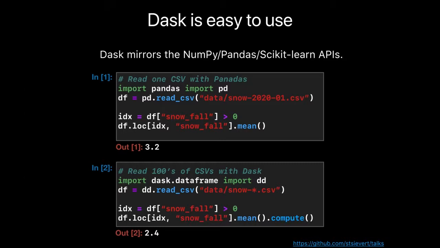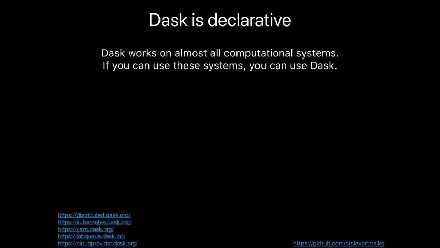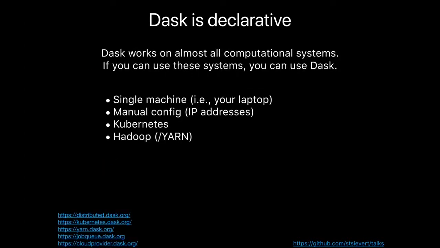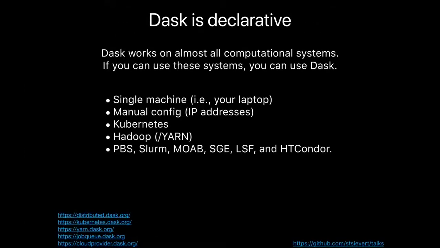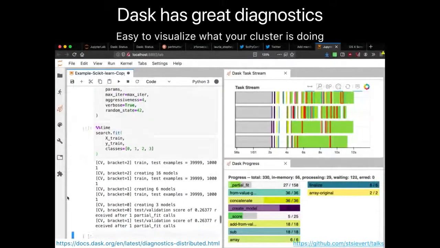You can do the same thing in pandas or in Dask really easily. Dask is also declarative, so it works in a whole bunch of places: Hadoop, Spark, Kubernetes, Slurm, Moab, SGE, HTCondor, all of that. And it also has a really good diagnostics page. As you saw earlier, you can see a graph of what's happening.